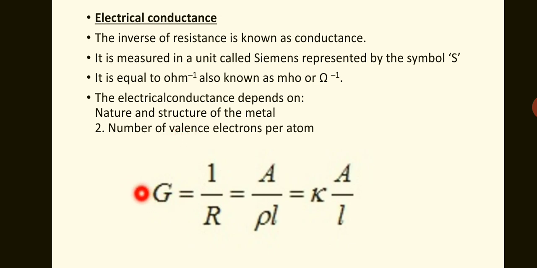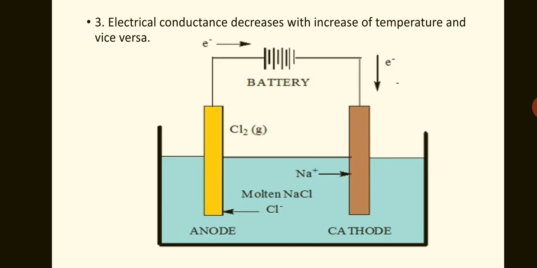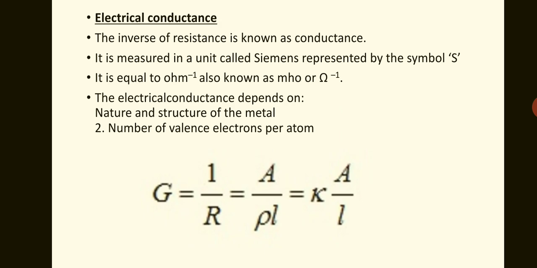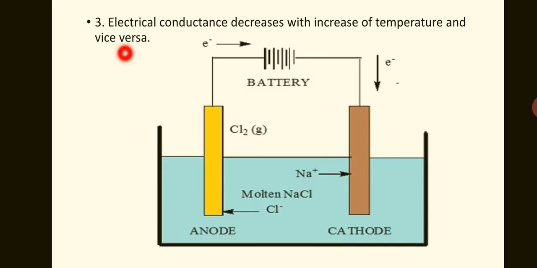So mathematically G is equal to 1 upon R, or A upon rho into L, where 1 upon rho becomes kappa K, and A upon L is the reciprocal of cell constant, 1 upon C. Electrical conductance decreases with the increase of temperature and vice versa.